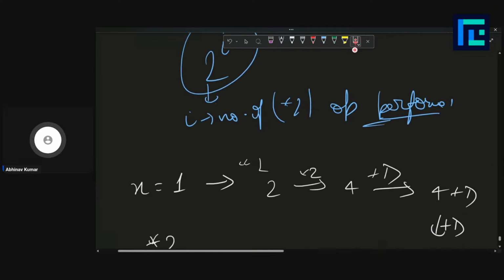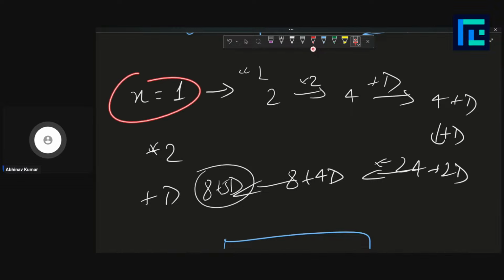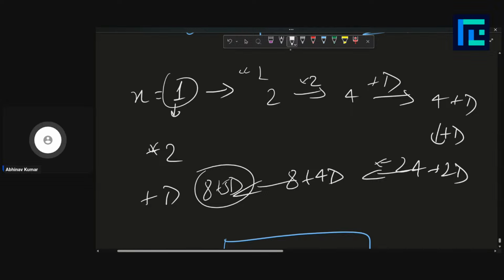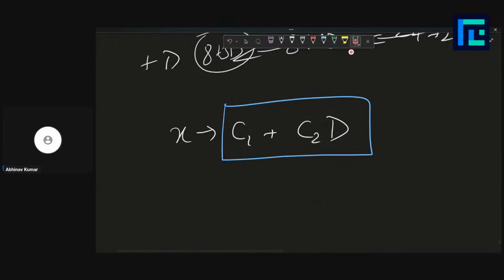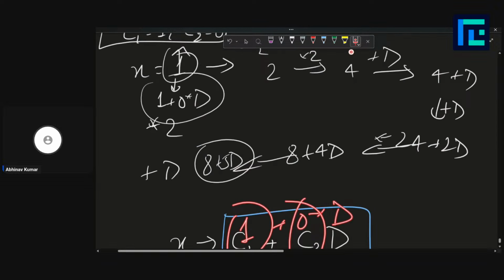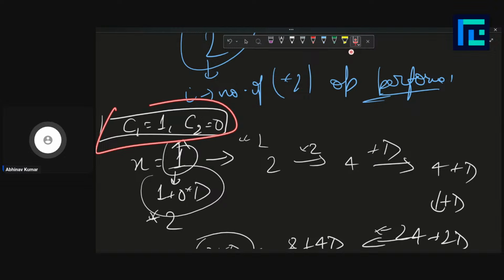So x equal to 1 can be written as 1 plus 0 times d. So you start with c1 equal to 1 and c2 equal to 0. These are the coefficients you start with.